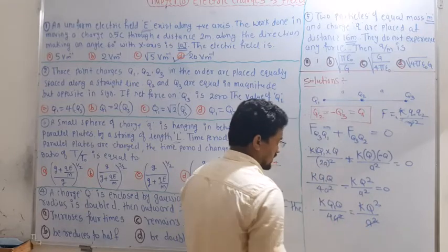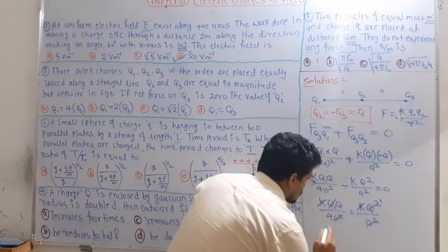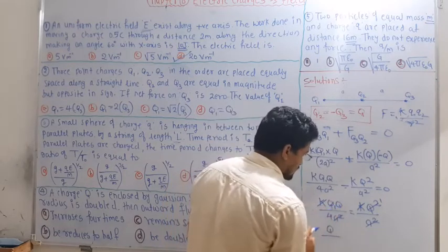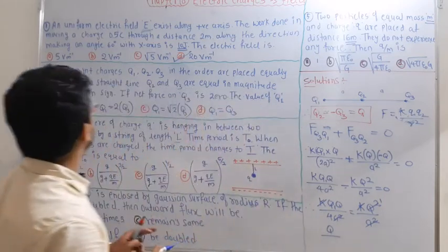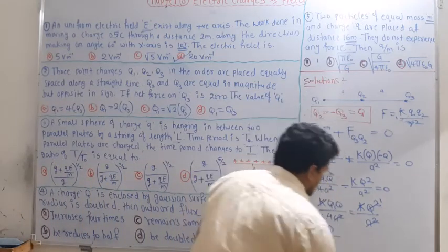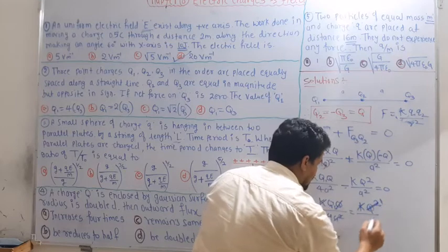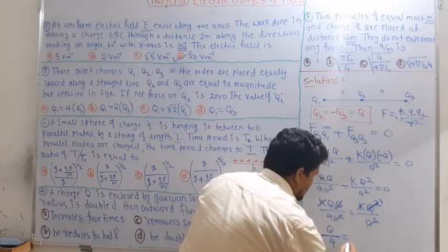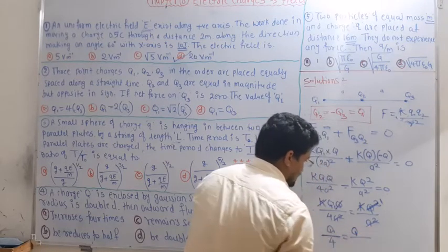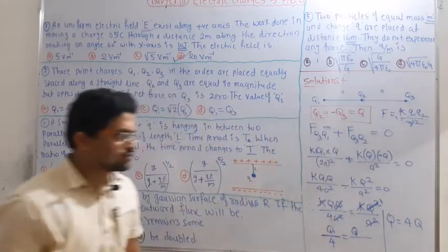The a square cancels out, K also cancels out, and one Q cancels on each side. So Q1 divided by 4 equals Q, therefore Q1 is equal to 4 times Q.